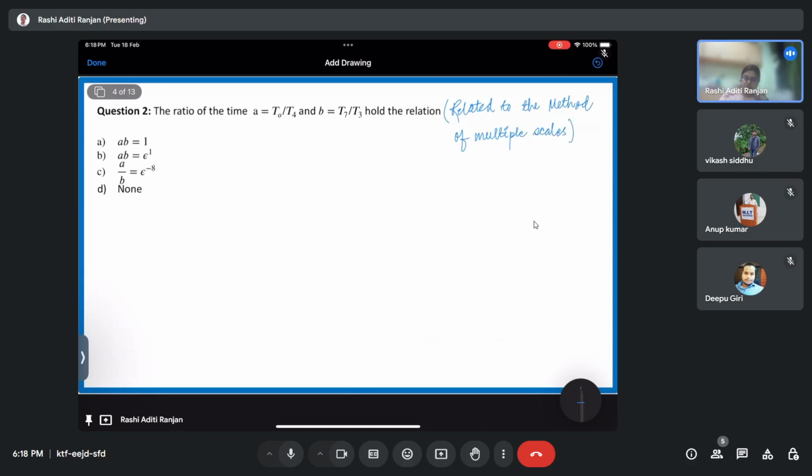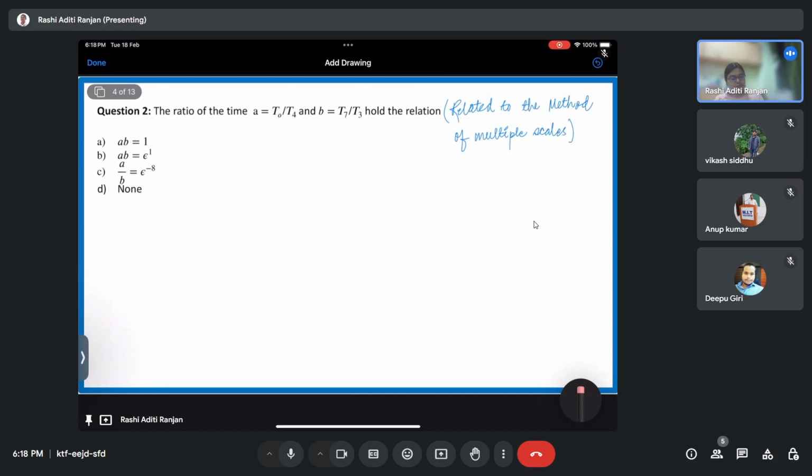It was not necessary to write it in the equation because, after seeing the question only, you must have realized that there are different times like T naught, T4, T7, T3. So this must be related to method of multiple scale, because in all other analytical forms that we have studied, we have not used these multiple time scales. We have used them only in the method of multiple scale.